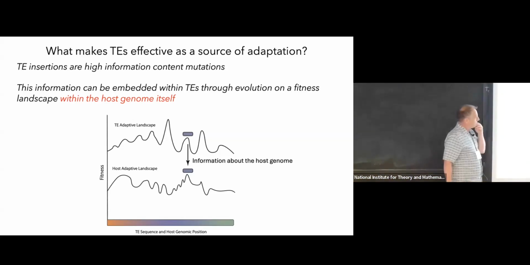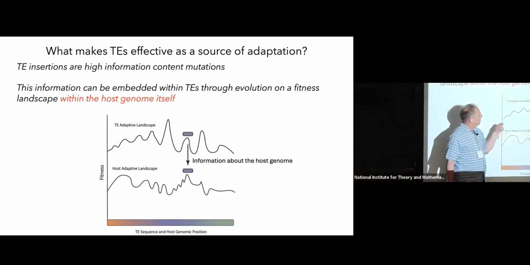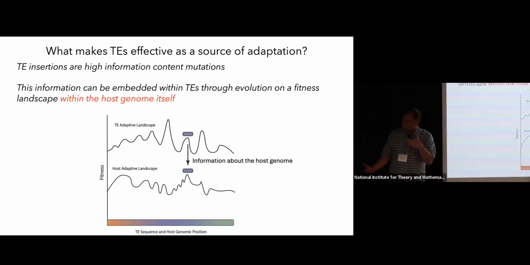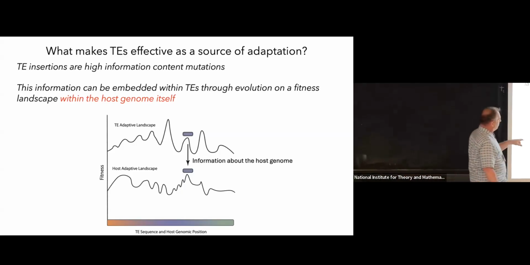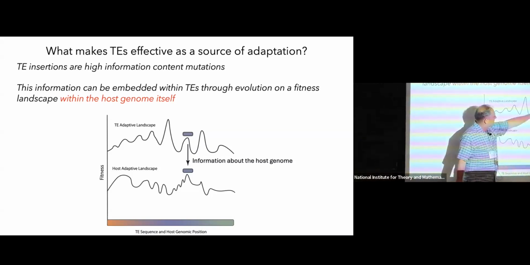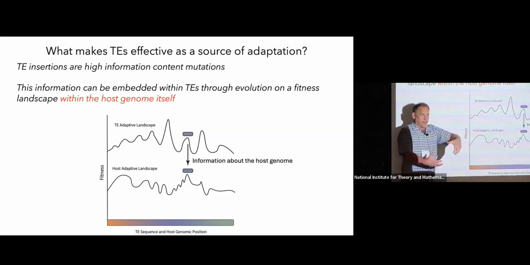So I think of these transposons, especially the ones that are long residents of these lineages, as adapting on a fitness landscape in the host, right? They have to use the host machinery to move around.